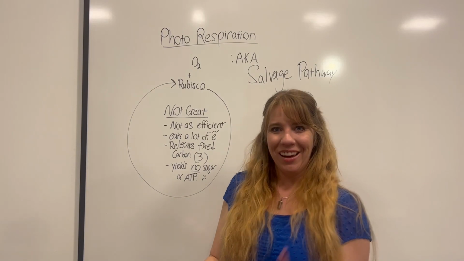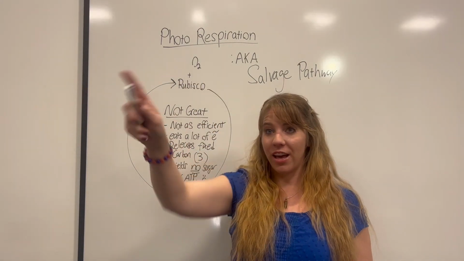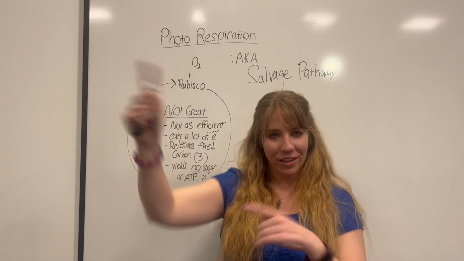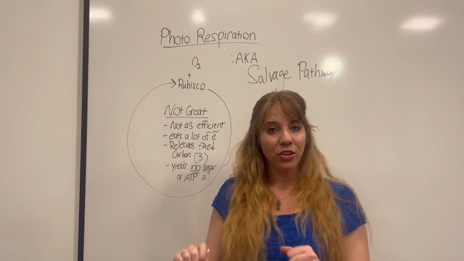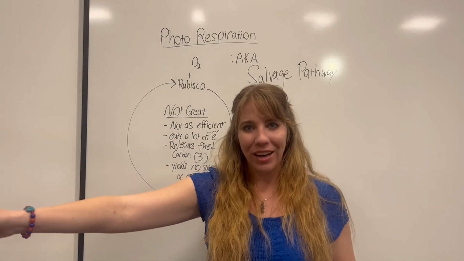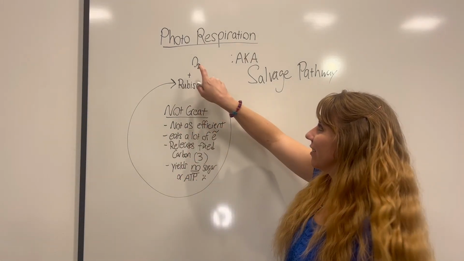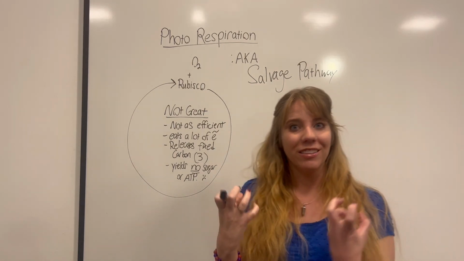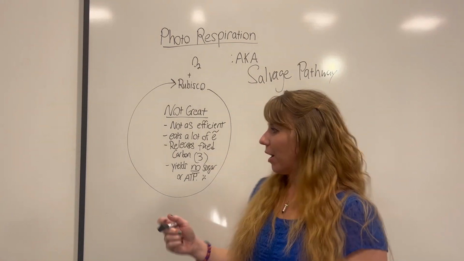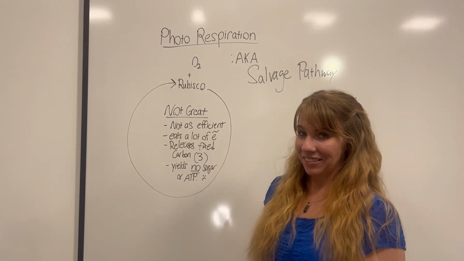And that's great, but what happens is now we have an accumulation of oxygen. Remember from the other slide over there, I know you can't see it, but we had the split of water. We had those oxygens floating around. Well, they can't get out now. So they're gonna accumulate. So Rubisco on accident is gonna catalyze oxygen. Now, this is called the salvage pathway because we're trying to salvage the carbon. What's happening, and you'll see this list of stuff, it's not great.